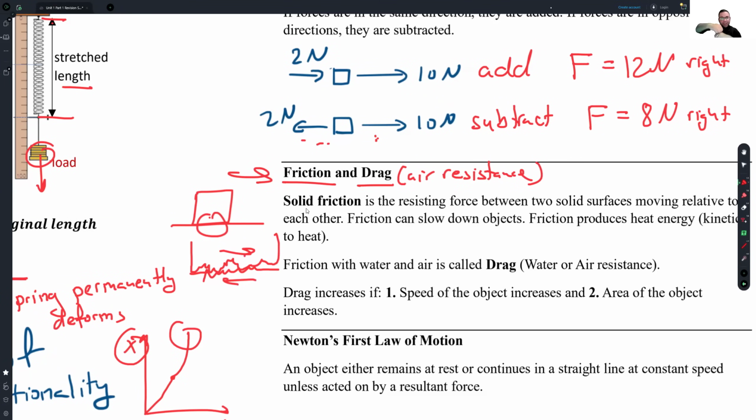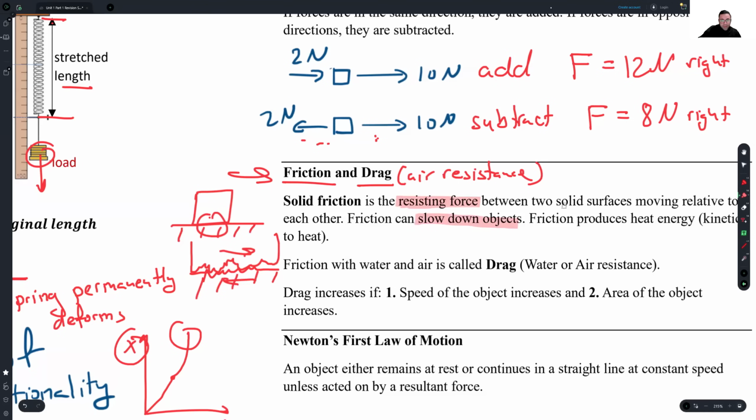This interaction between the two surfaces creates friction. This frictional force, however, is always opposite to your direction of motion, which is why we call it a resisting force.